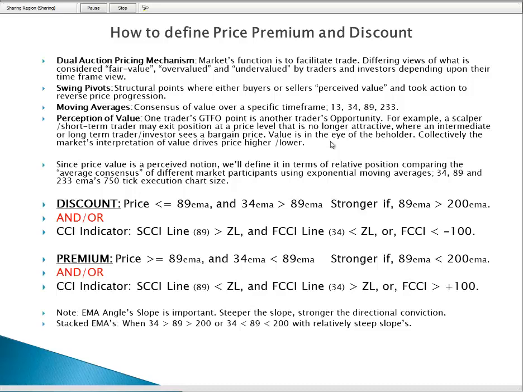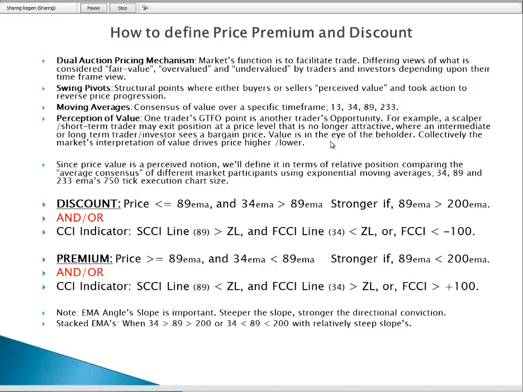Now, one note I want to make on these is that the angle or slope of those moving averages is extremely important. The steeper the slope, the stronger the directional conviction. In another prior workshop, we spoke about and presented the stacker trade.